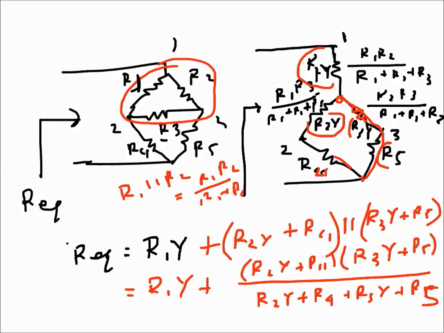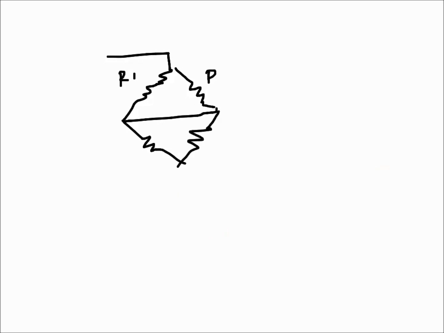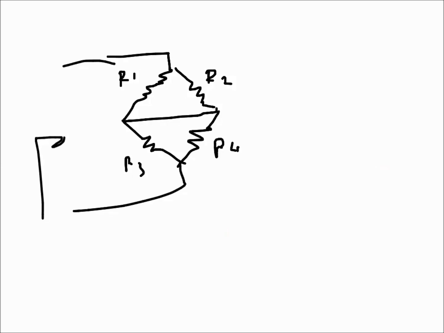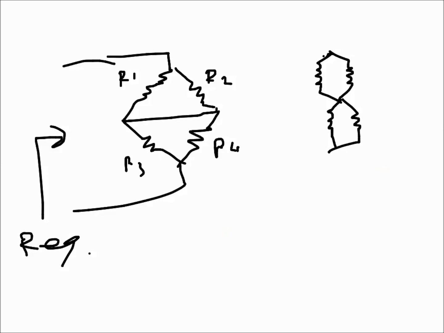Now one more equivalent resistance problem I want to do is here. If I have something like this, and this is a short circuit, these are very basic understandings of equivalent resistance. So R1, R2, R3, R4, and I need to find R equivalent here. These two are the same point, so I can draw the circuit like this, which looks better.